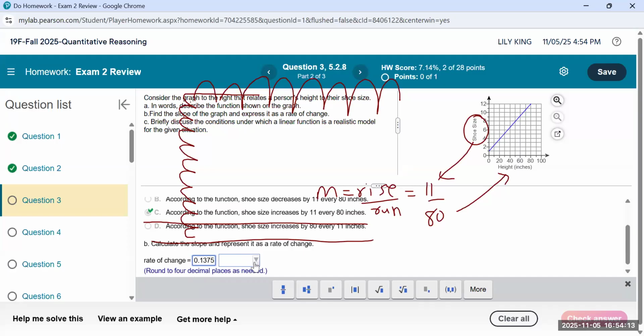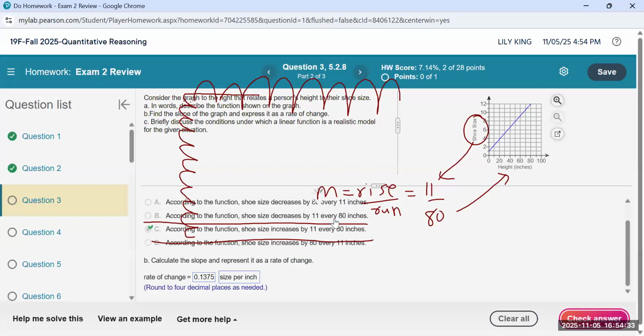And the unit is shoe size. So 11, which is the change in y, is shoe size. And the 80, which is the change in x, is the height in inches. So this is shoe size per inch.